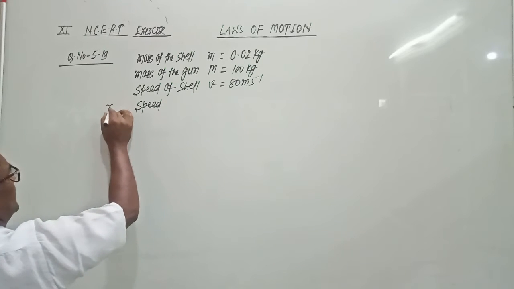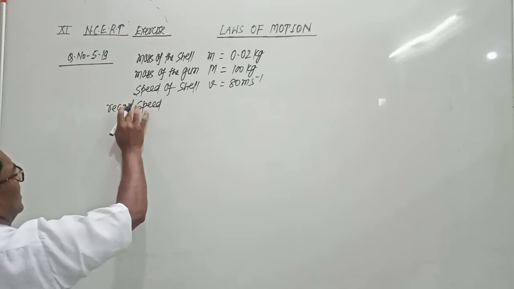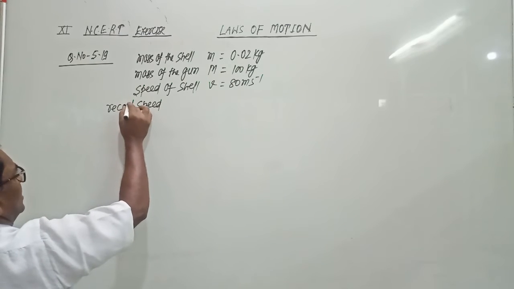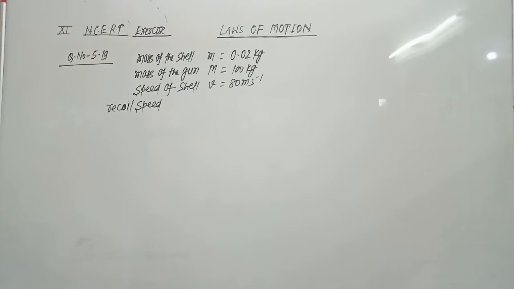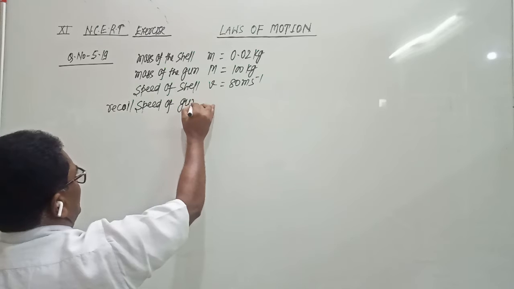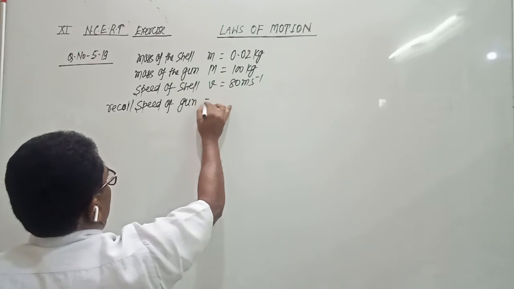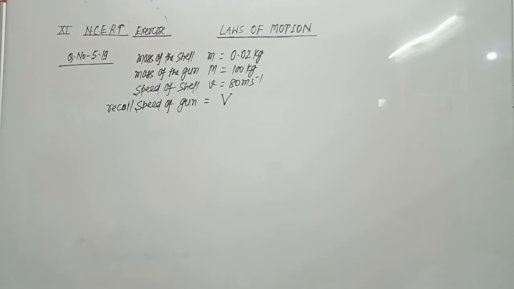Recoil speed means the speed by which the gun exerts a force in backward direction. So let the recoil speed of the gun be capital V.